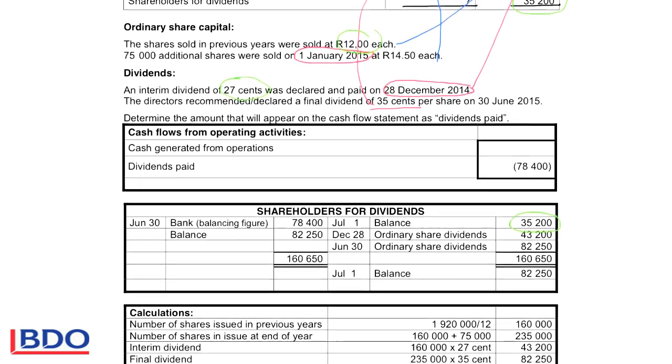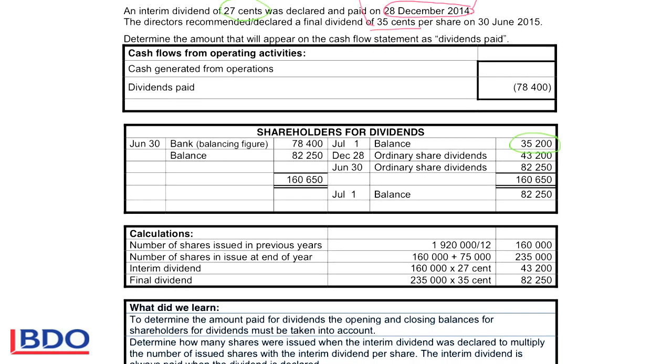So if we look at the calculation, the number of shares issued in previous years was 1,920 million divided by 12 Rand per share. So it means in previous years we sold 160,000 shares. The number of shares that we issued in the current year is the 160,000 plus the extra 75,000 that we sold during the current year.